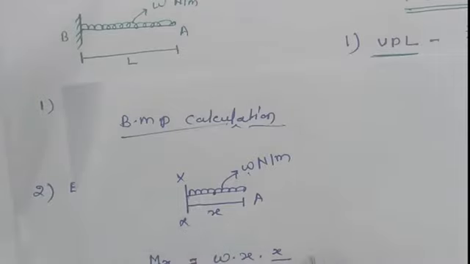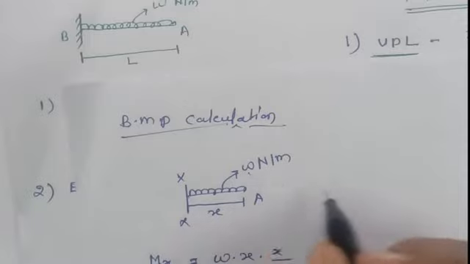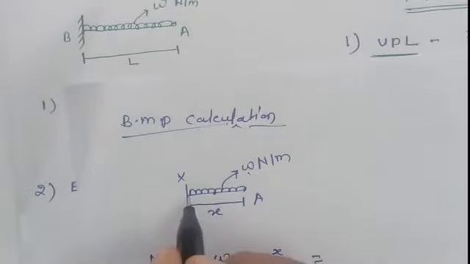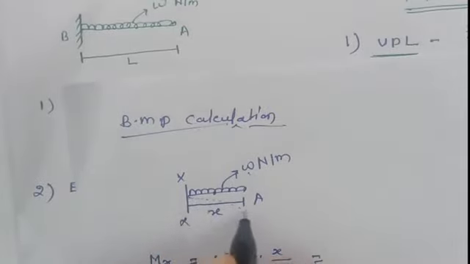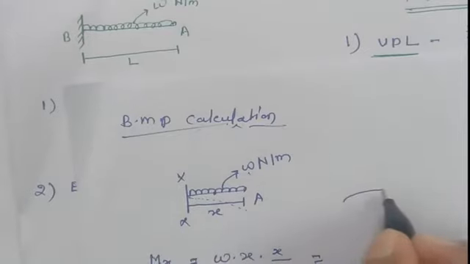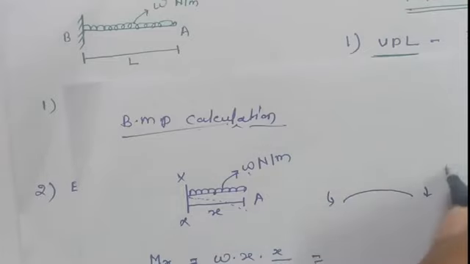And since this UDL tries to move the beam down, the case will be like this, which is called hogging. So in hogging, when we move right to left, we take the moment as negative, so W into x square by 2.